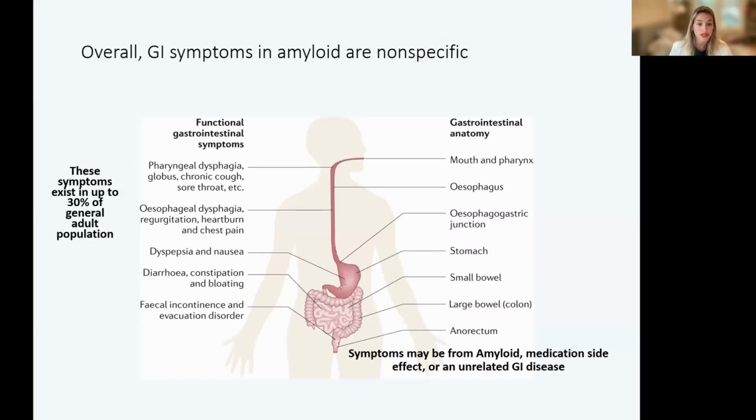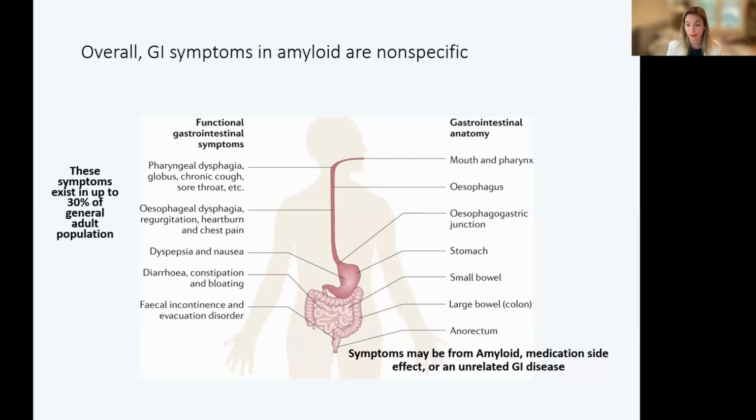The location of symptoms may really be defined by where amyloidosis occurs, or again, where our issues are. Thinking from top down, problems with the mouth and pharynx may include things like macroglossia, an enlarged tongue, alterations in taste and texture, trouble with swallowing, reflux and cough related to the esophagus, heartburn as well.